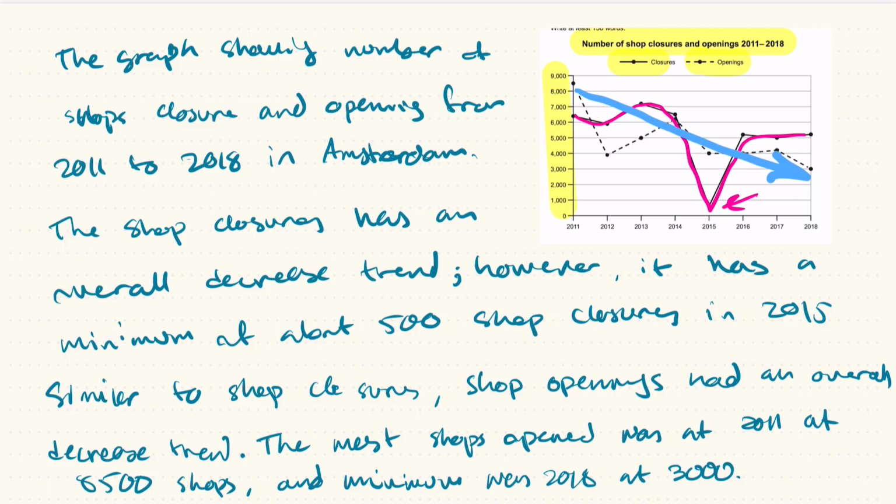Try to describe what the graph is showing. So, for example, number of shop closures, the period, the x and y axis. Pay attention to those, and try to describe those first.